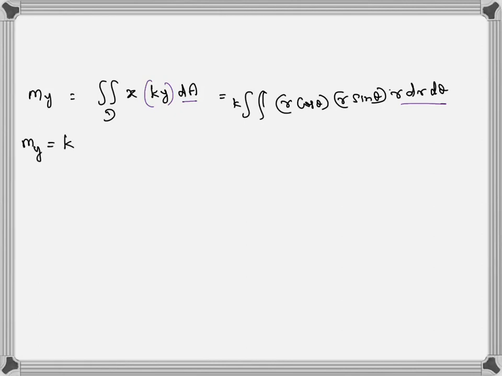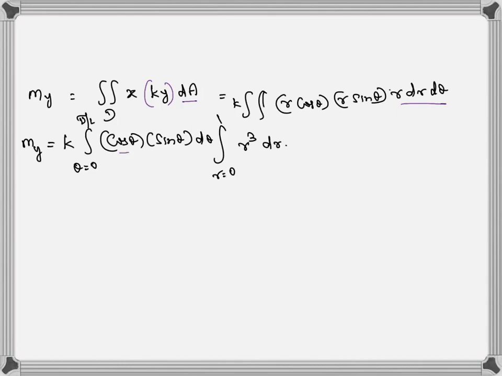So it is k times the integral from 0 through pi by 2 of cosine theta sine theta d theta, times the integral of r from 0 to 1 of r cubed dr. This is again a separable function, a function of theta times a function of r, so you can separate the integral and multiply.